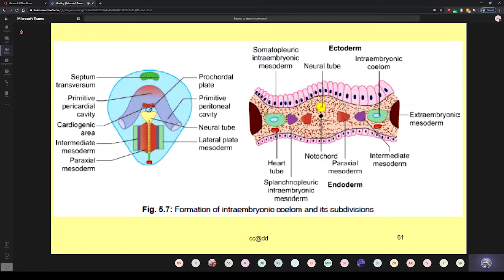And the other layer, which is oriented towards the body wall, the outer body wall, is known as the parietal layer, or it is now going to be simply known as a somatopleuric layer.